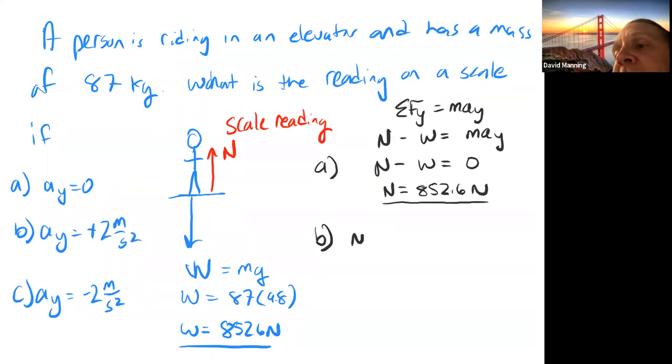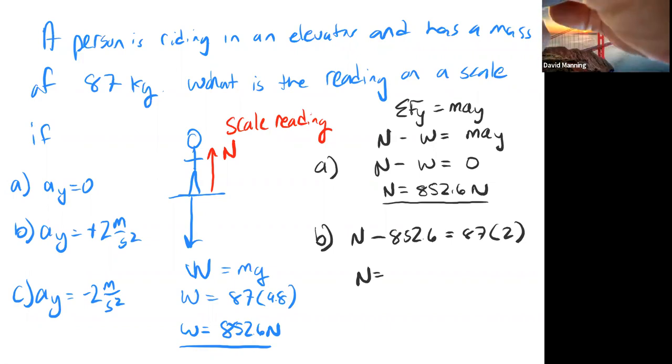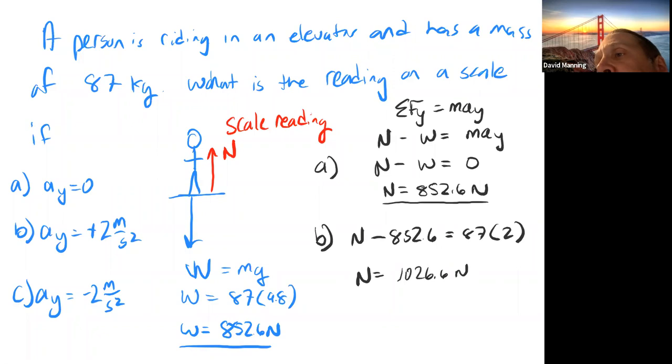So in this one, we have N minus 852.6 equals 87 times 2. N equals 1,026.6 newtons.